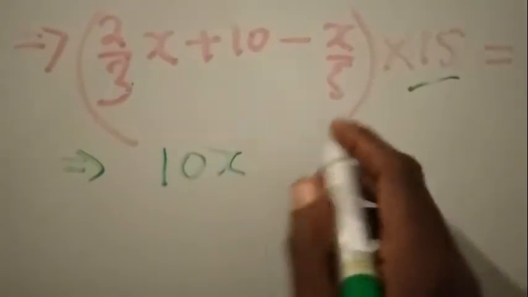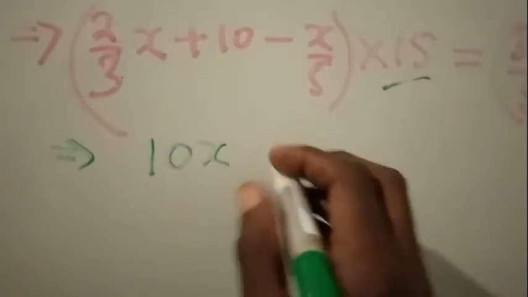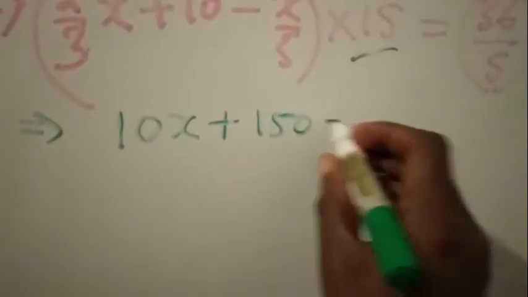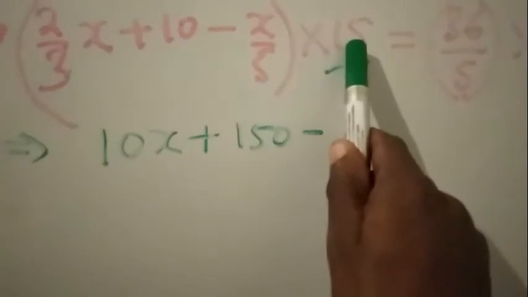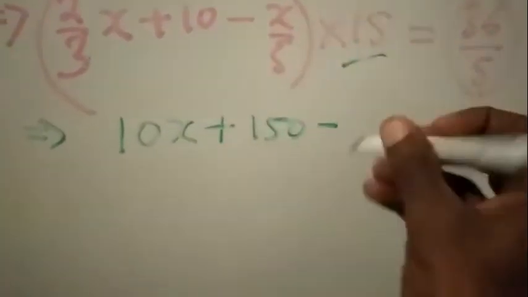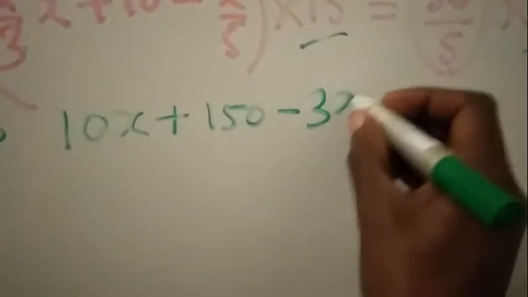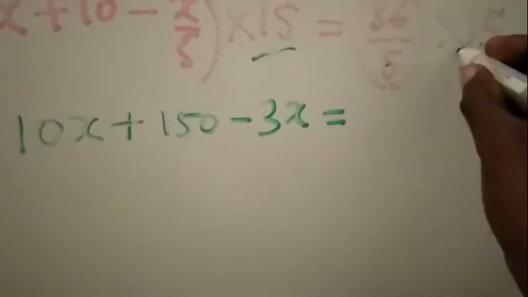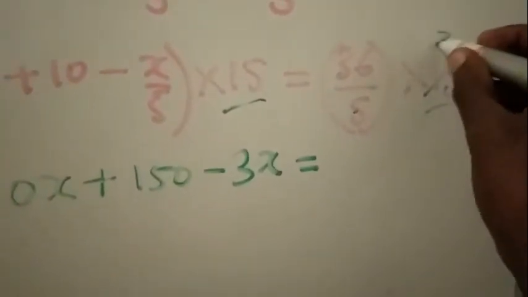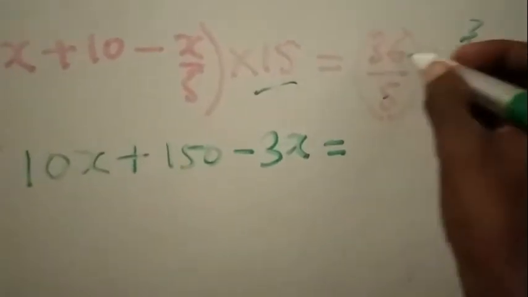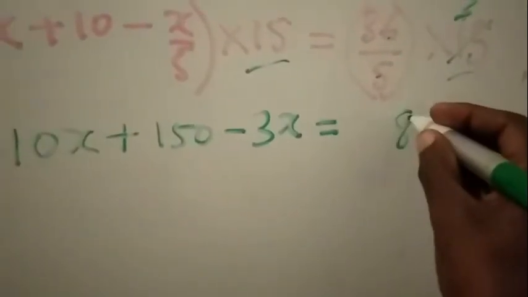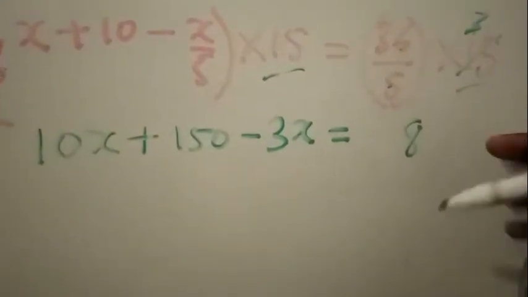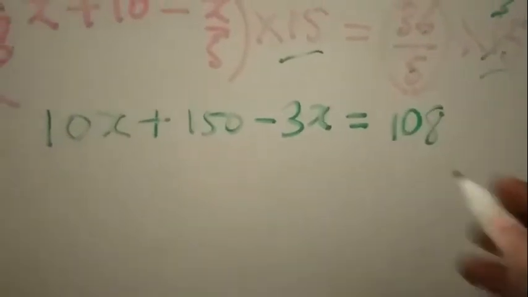Okay, so you get 10, and then this times that, you get plus 150, minus this into that, you get 3 times x, you get 3x, equals this into that, you get 3 times 36. So this times that is 18. Carry 1, this times that is 9, plus 1, 10, get 108.